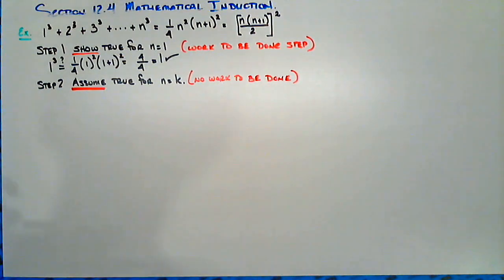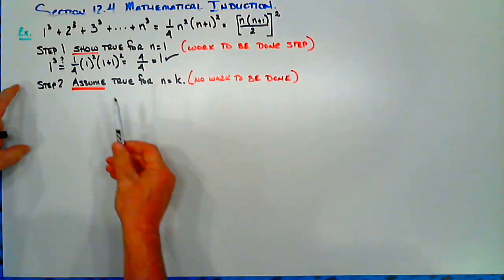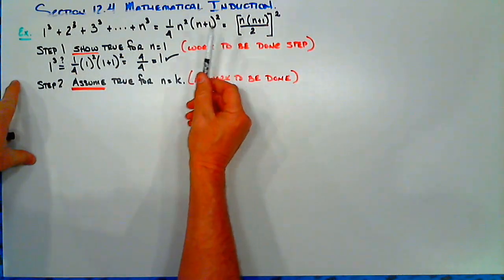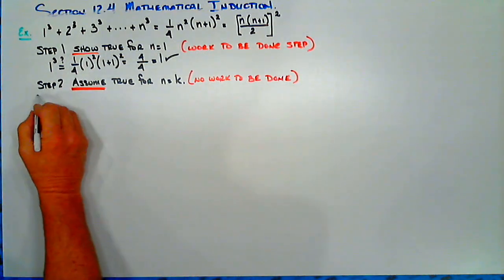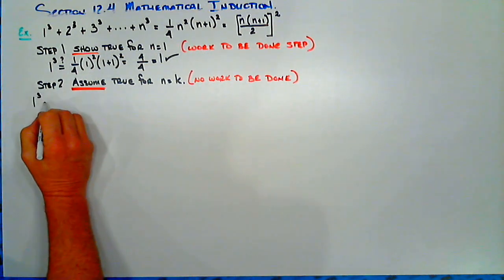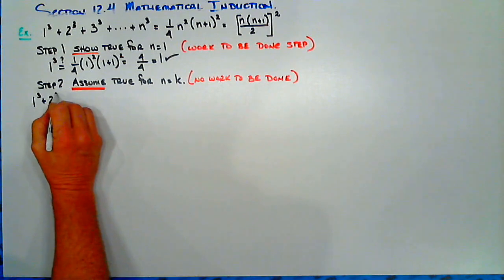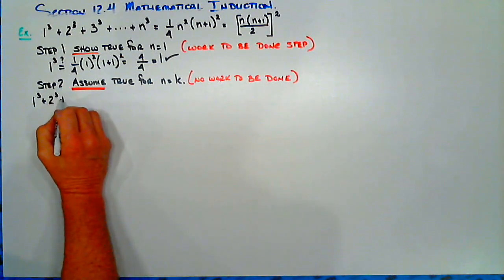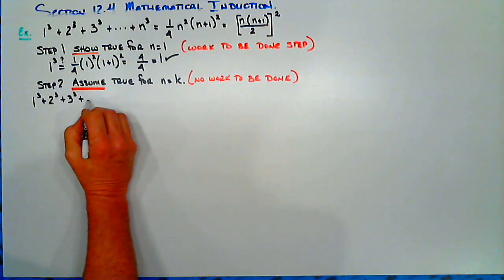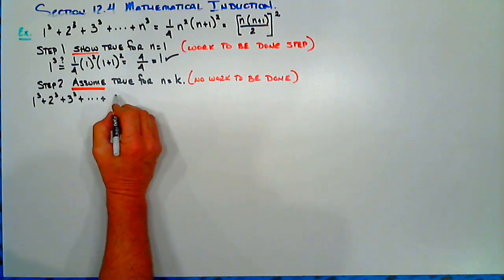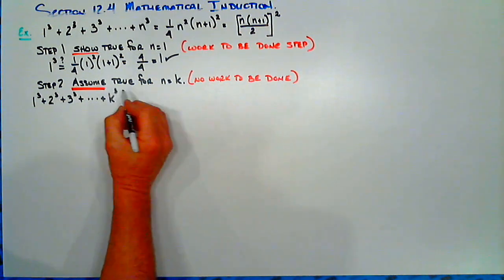So what do we do here? We write down what this would look like if we replaced n with k. So the left-hand side would be 1 cubed, 2 cubed, 3 cubed, all the way to k cubed, right?